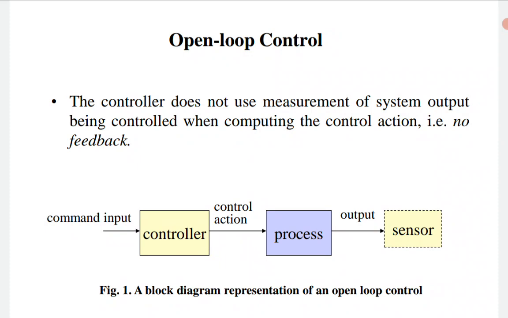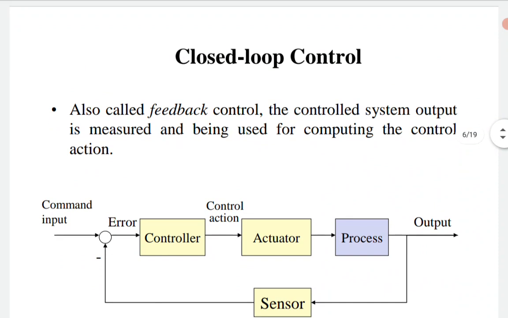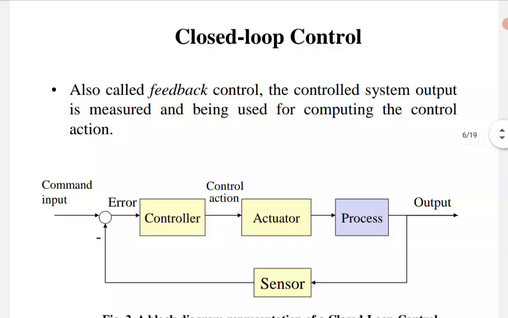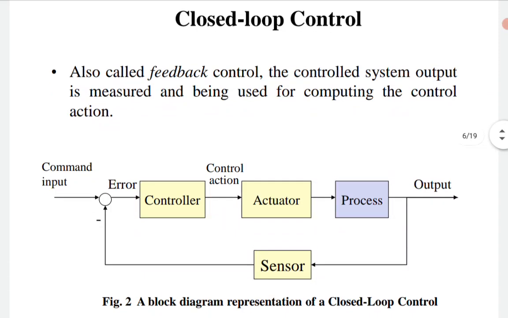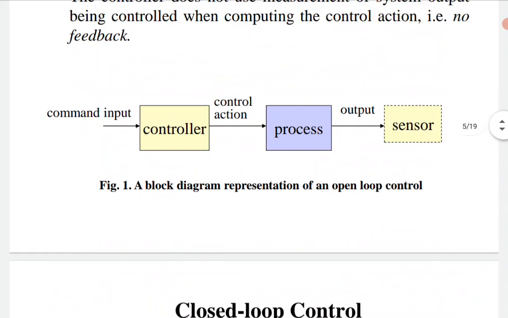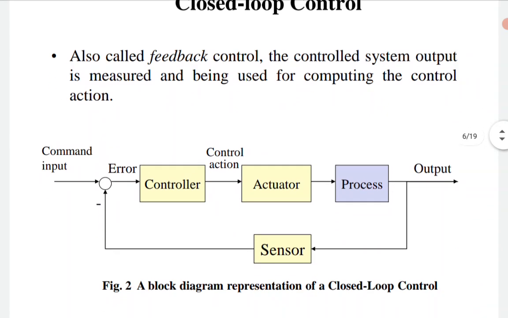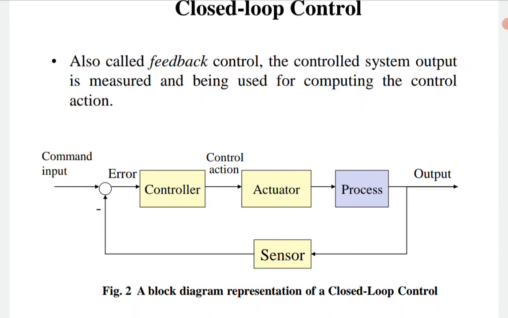Now closed loop control is a feedback control system, as the name itself signifies: the control system output is measured and used for computing the control action. Comparing with the previous diagram, what components are added?